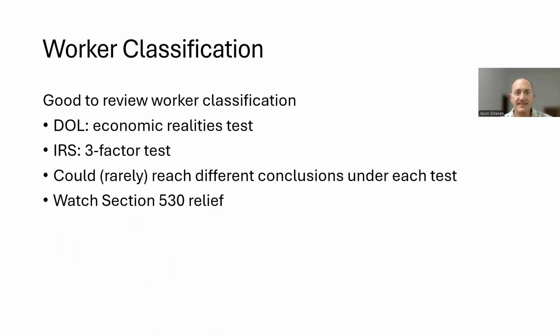The problem is that that relief only holds for federal tax purposes, like income and payroll taxes. It doesn't hold for other things. And so you might need to reclassify those workers to employees for other purposes. And that would be a more common situation.